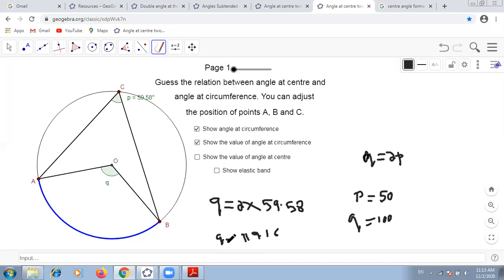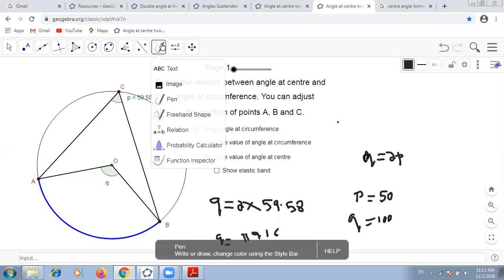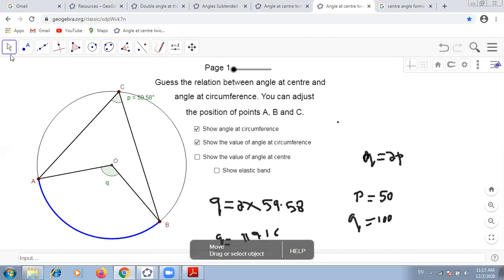So Q should be 119.16. So we'll check it. And 119.16. You can see.